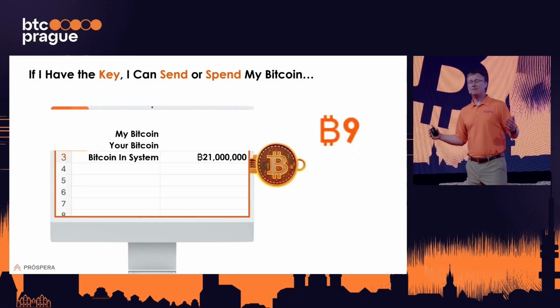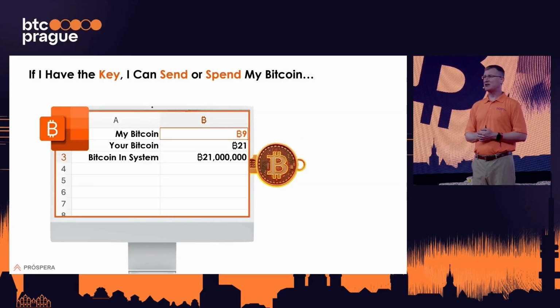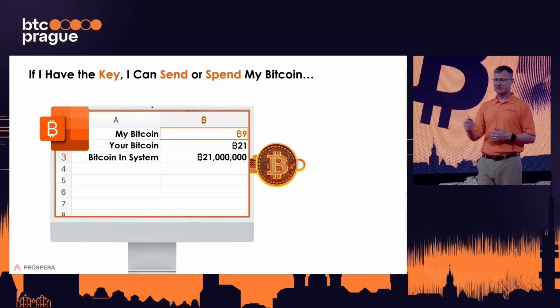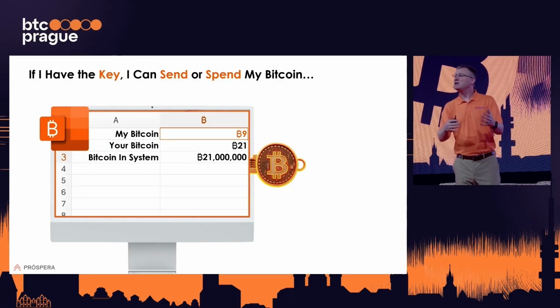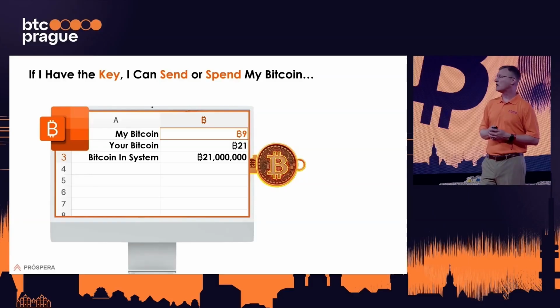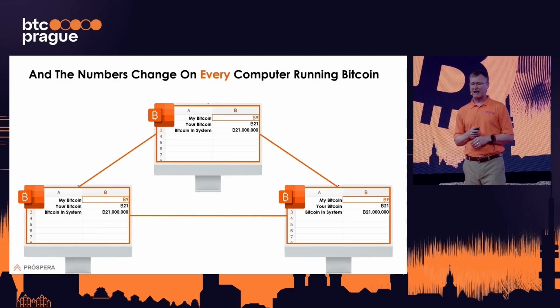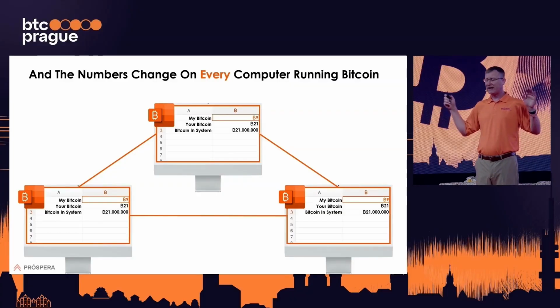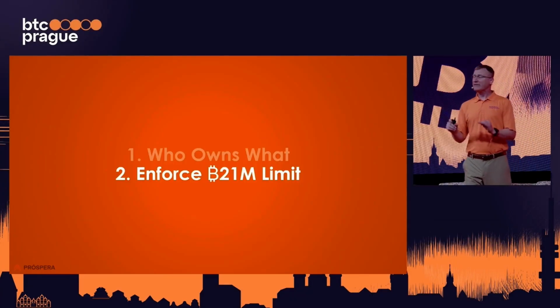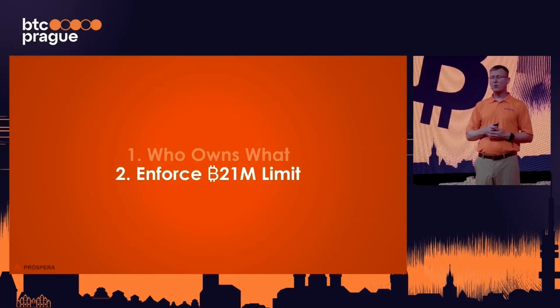And if you have a Bitcoin private key, or if that key is managed by you, by Coinbase or Binance or someone else, then you can send or spend your Bitcoin in the real world. And those numbers of who owns what are replicated across every computer in the Bitcoin system. And every one of those computers is making sure that there will never be more than 21 million.